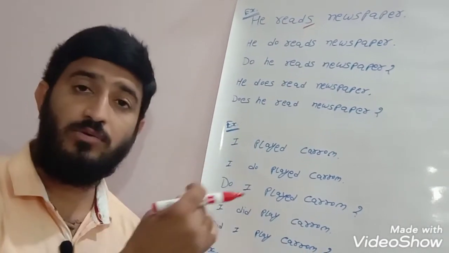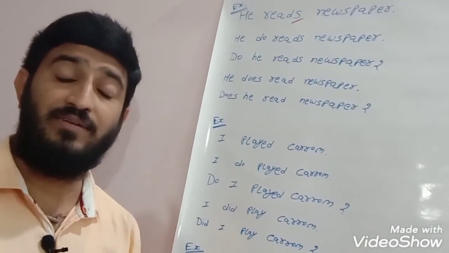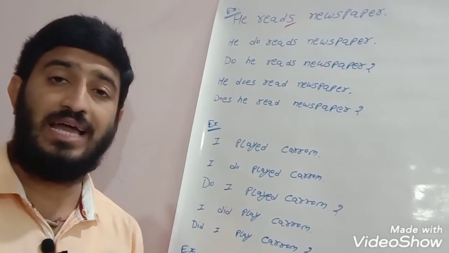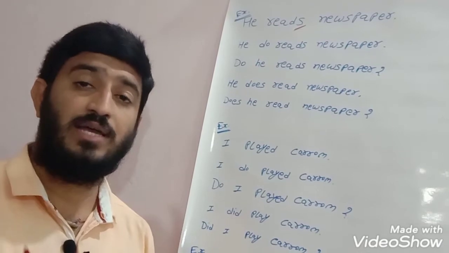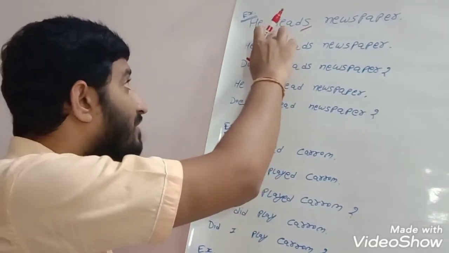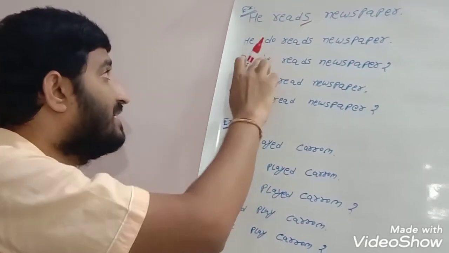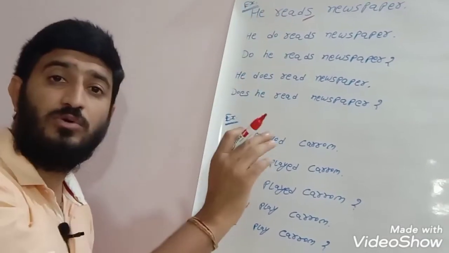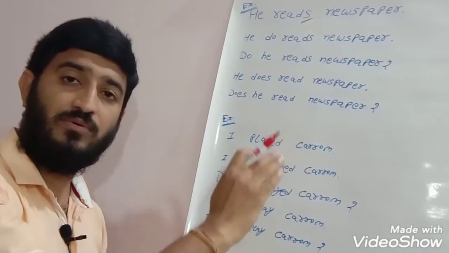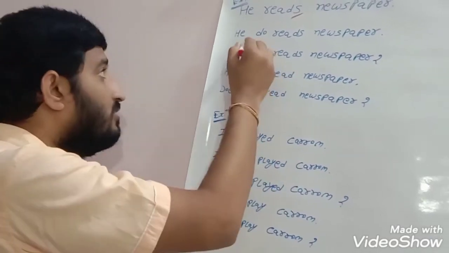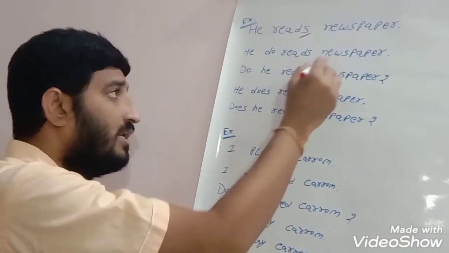So as I told you earlier, what is the by default helping verb? By default the helping verb is do, if we are not finding the helping verb. So if I am using do, then what will be the sentence? The positioning we had discussed in the previous example, after the subject and before the main verb. So it will become: He do reads newspaper.